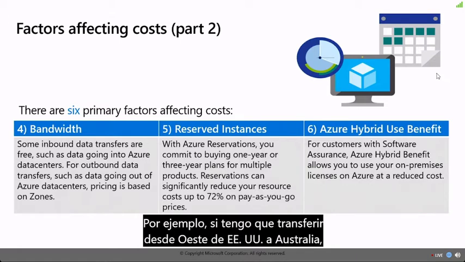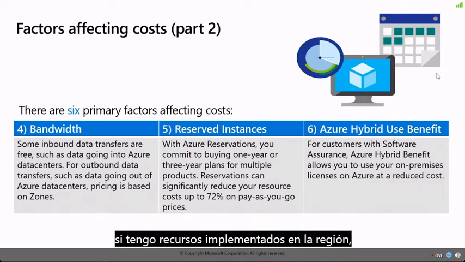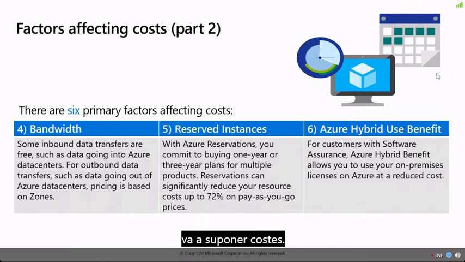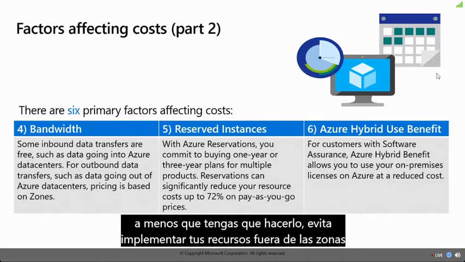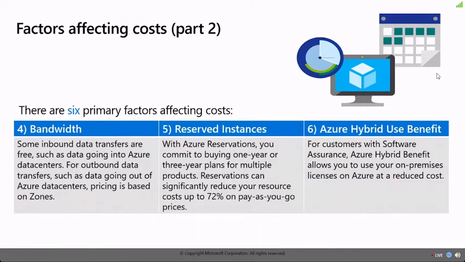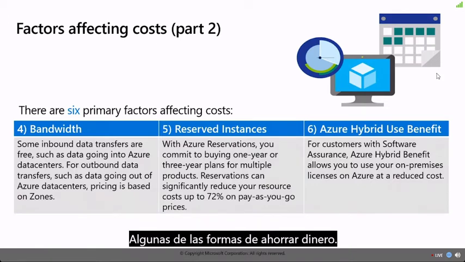So for example, if I was transferring from West US to Australia, if I have resources deployed in region, those outbound charges from the US to Australia are going to incur charges. So again, if possible, avoid deploying your resources outside of billing zones to cut back on costs.